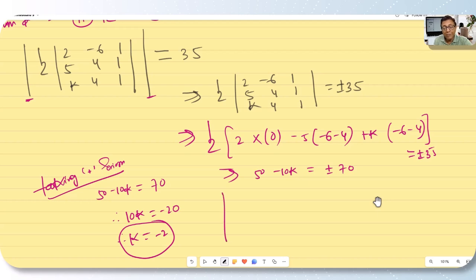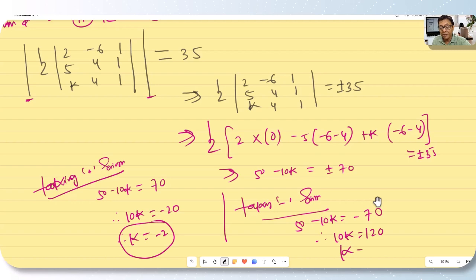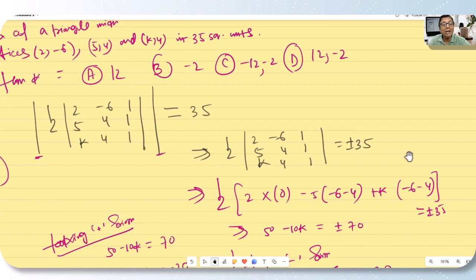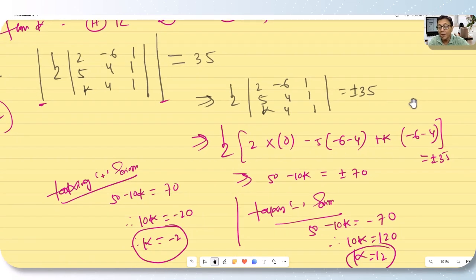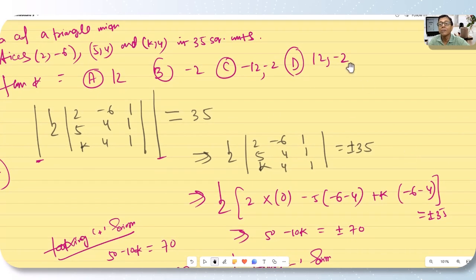Clear? Taking minus sign, 50 minus 10K equal to minus 70. So 10K equals 120, K equal to 12. So two values of K are both acceptable, minus 2 and 12.